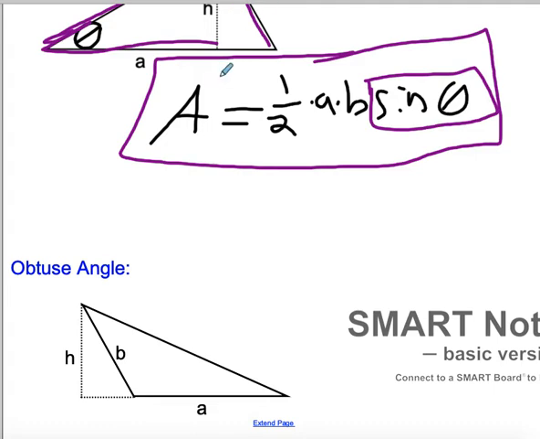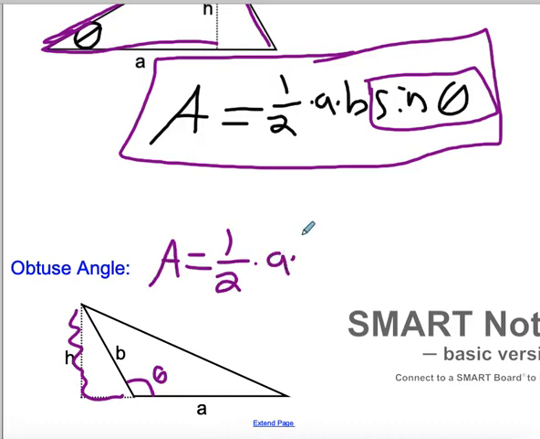Again, that will probably show up on tests. The only thing different with obtuse triangles is this. Again, ignore this h. Pretend we don't even have it. We just have this, and we have this angle, let's call it theta. The area equals 1/2 times a times b, and the only thing different is it's times sine of 180 minus theta.